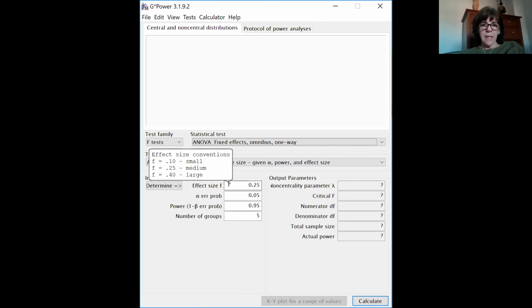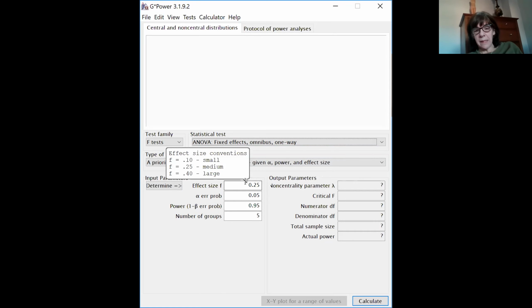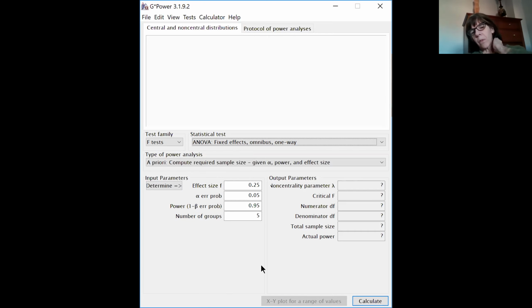Now, the effect size here is measured as an F statistic, in G-power, and I believe Daniel Soper also uses F. You know, where you get that F? Well, the conversion between F and the effect sizes that you will typically see in ANOVA output is not really worth our time.